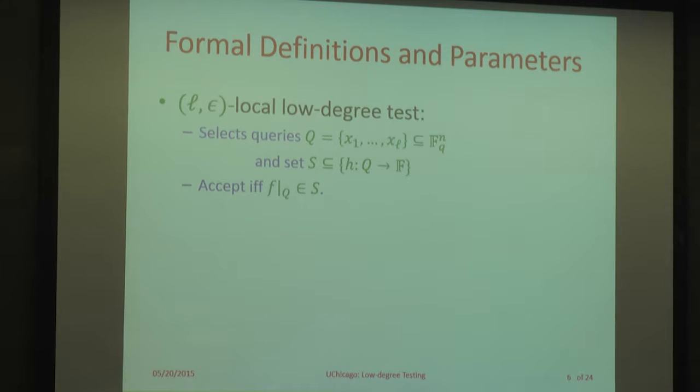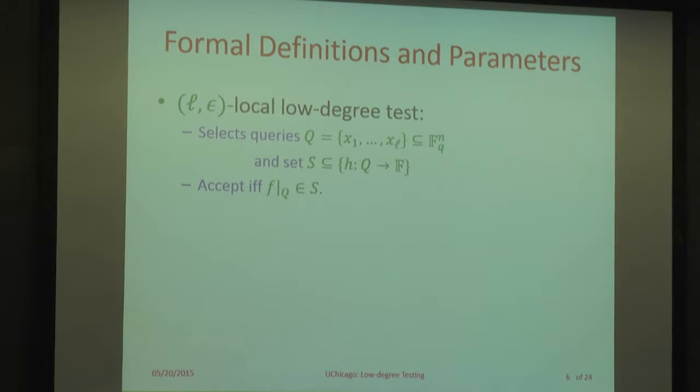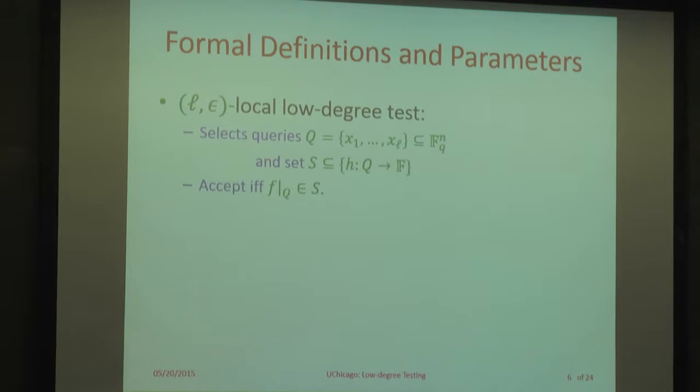Somehow the test picks a set of queries Q, somehow it determines the set S, and once that is determined, the test is fixed. It says: I am going to accept if my function restricted to this set Q is a member of this family. That is what a low degree test is.